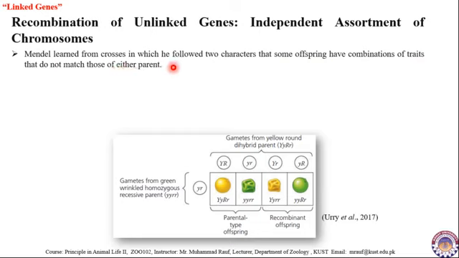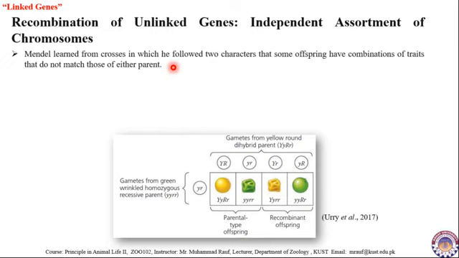If you remember, in face-to-face interaction in one of the classes, I said that Mendel reported certain crosses which he himself was unable to explain. Therefore, he didn't confuse the readers, and he didn't discuss them, because these unusual findings would have decreased the worth of his laws.